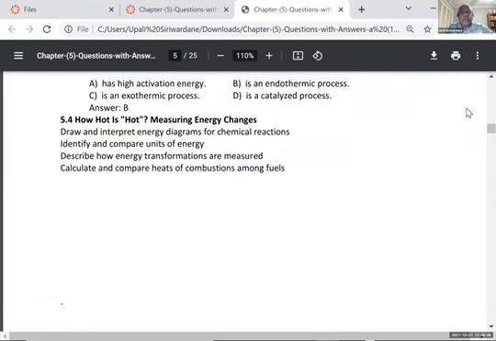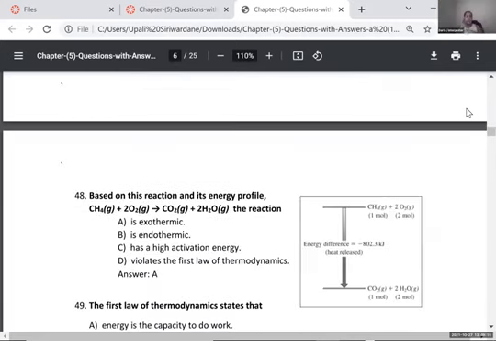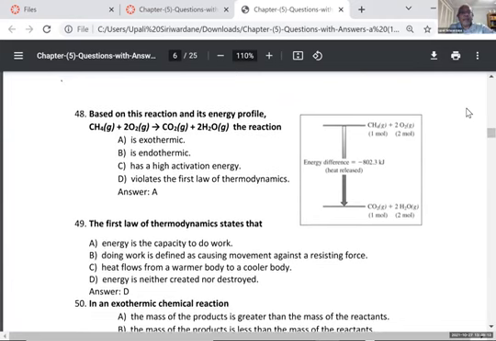Now we're going to measure energy changes. Burning natural gas, that is methane, produces carbon dioxide and water. If you look at the diagram on the right, the methane and oxygen have a higher energy.